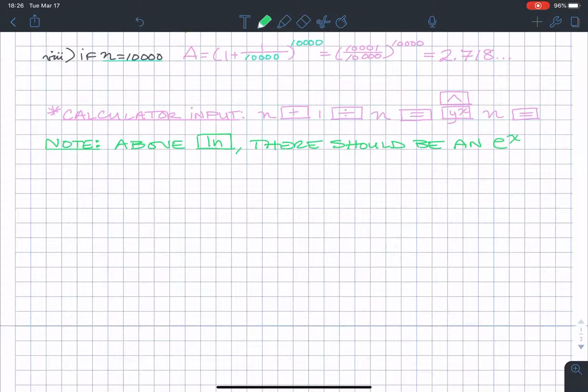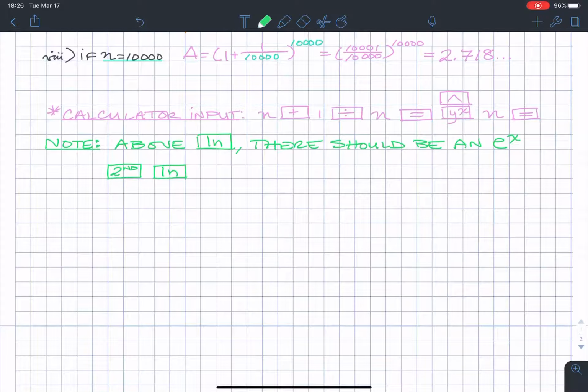So I'm going to show you how I would calculate that on my calculator. So I have to do second to get above ln. Then I press ln, but really, because of the second, I'm going to what's above it, which is e to the x.